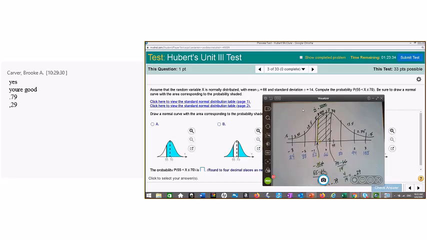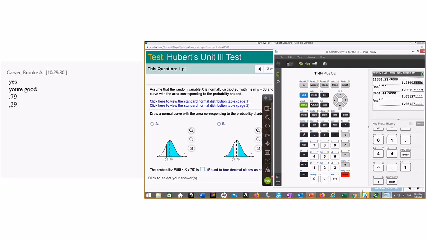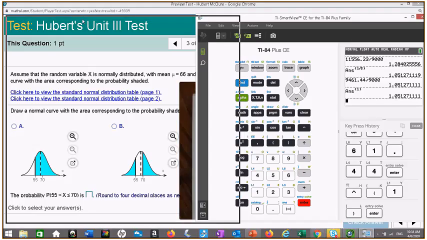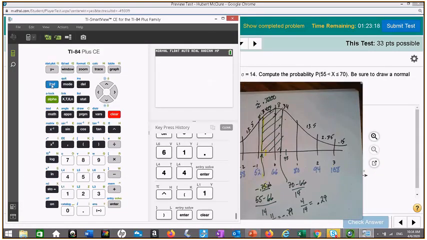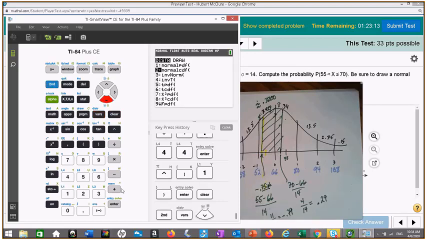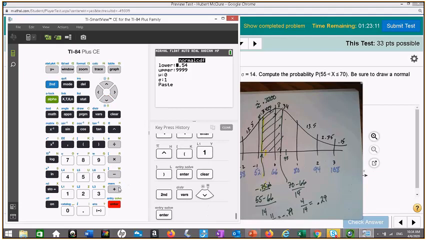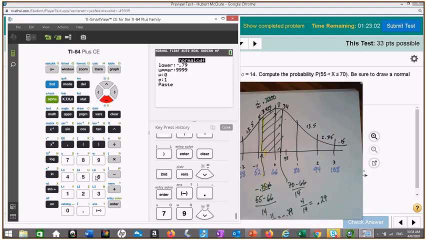If you got a new calculator, then you just go from 55 to 70. So I'm going to take my calculator, since it's aggravating to work, I'm going to do it with a mouse. This is when you use normal CDF. Second, bars, normal CDF. And I'm going to go from negative 0.79 and upper is 0.29.